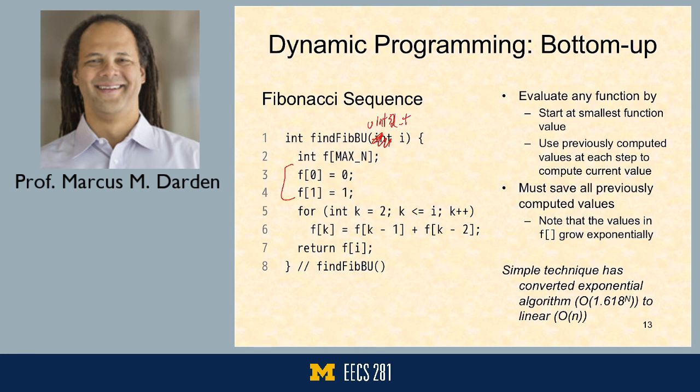I'm going to set up my base case. And then in this version, you see that I do have a memo. Right? F is my memo. It has all of my previously calculated Fibonacci numbers. And as I work my way upwards from k equals 2 all the way to whatever I was passed in, I just look it up.